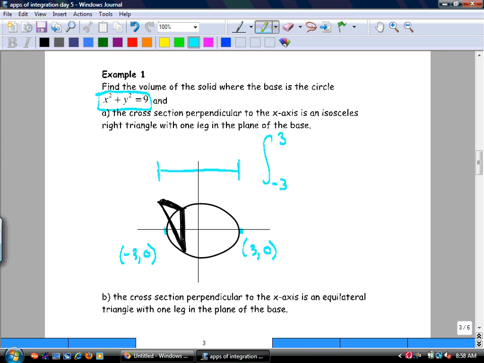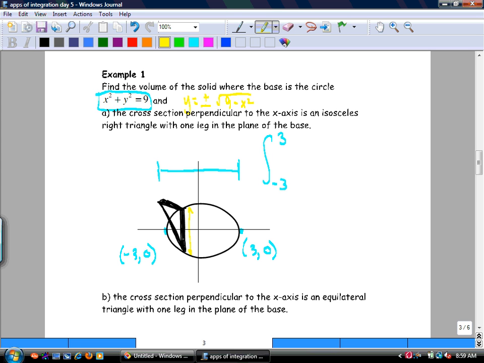Now what we need to do is to figure out the distance, this distance. How are we going to figure that out? Come on now. Y equals plus or minus the root of 9 minus x squared.